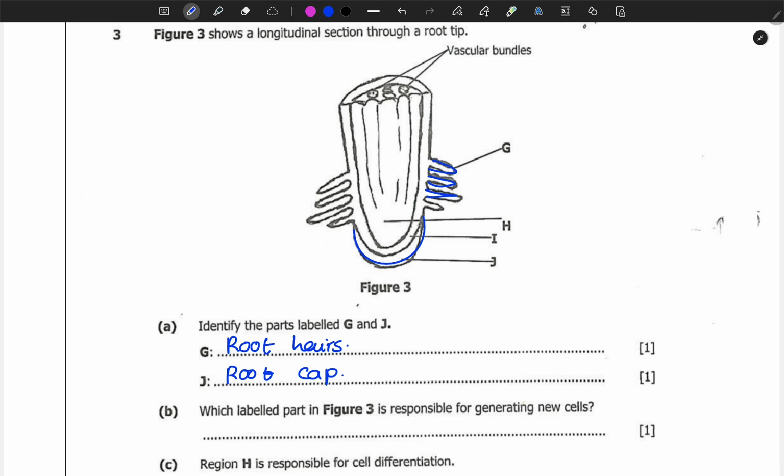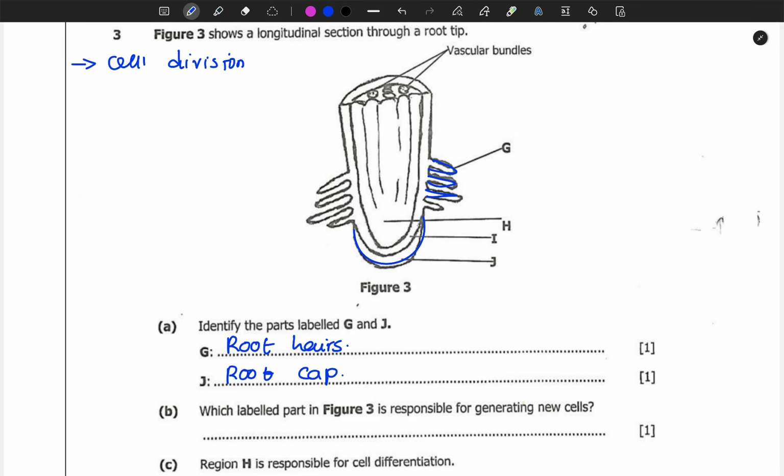Which labeled part in figure 3 is responsible for generating new cells? If we are to summarize, growth begins with cell division, and cell division is just the multiplication of cells, where one cell divides to form new daughter cells.